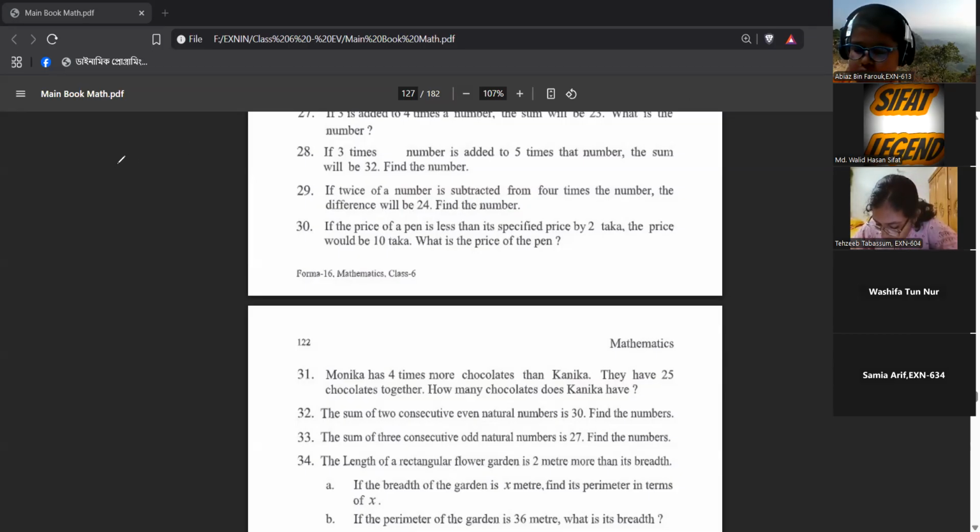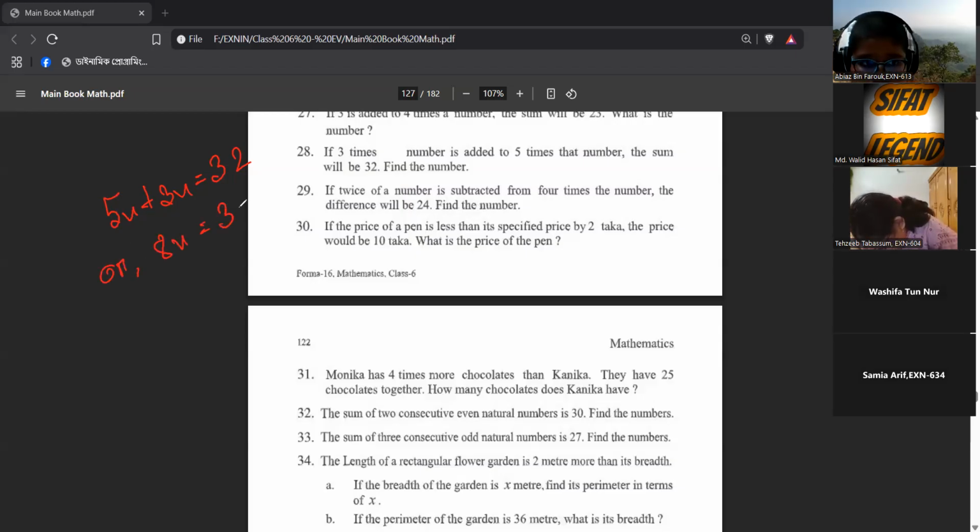So can you tell me what your equation was this time? 5x plus 3x is equal to 32. Okay, and then 8x equals 32.